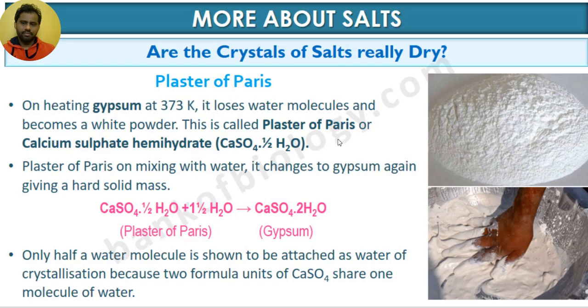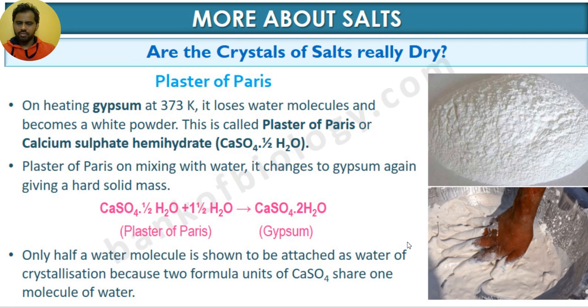This is called plaster of Paris, or calcium sulfate hemihydrate, CaSO4.1/2H2O. Plaster of Paris on mixing with water changes to gypsum again, giving a hard solid mass. CaSO4.1/2H2O plus 1.5H2O gives CaSO4.2H2O, that is gypsum.